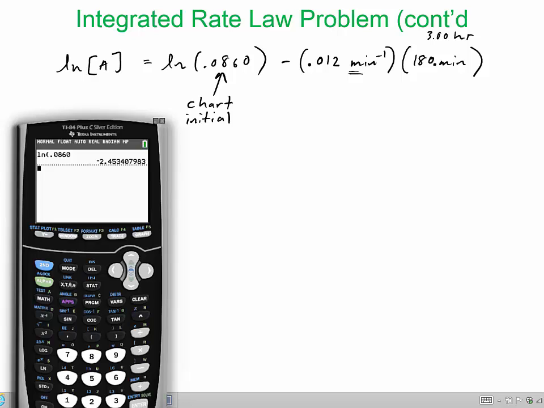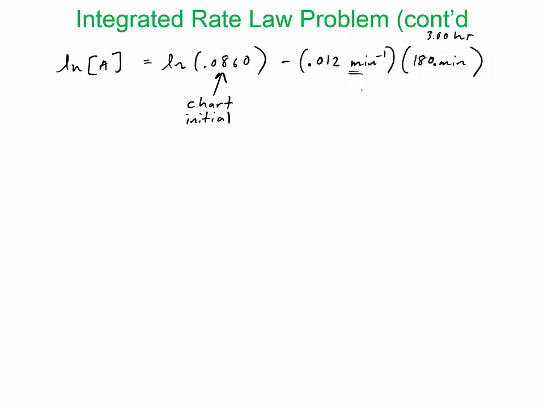Actually, come to think of it, I do have this done, which helps a lot. So there's a sig fig rule for logs, and it's the number of sig figs equal the number of decimal places.